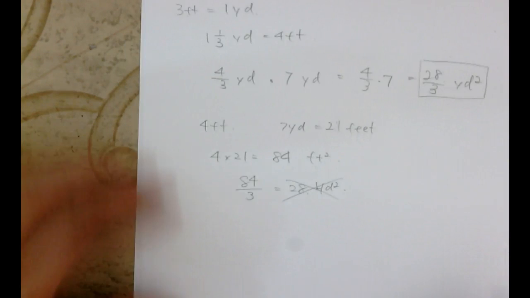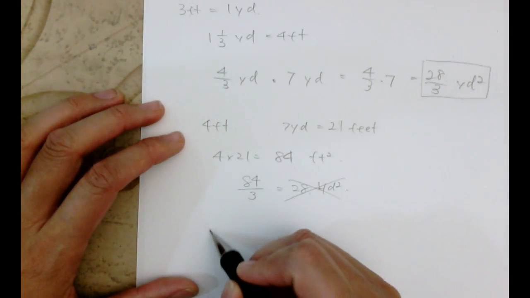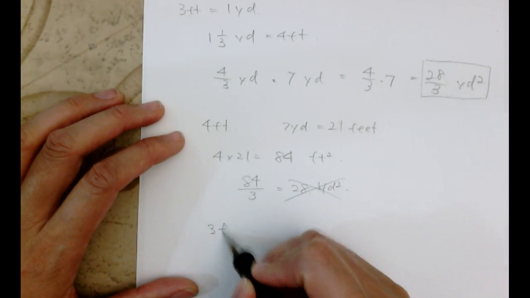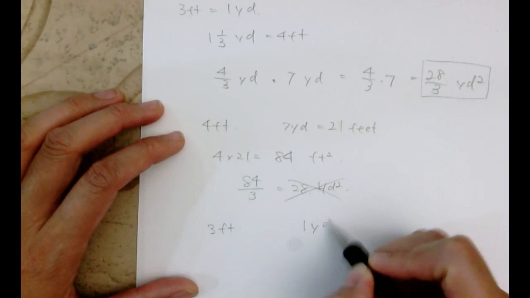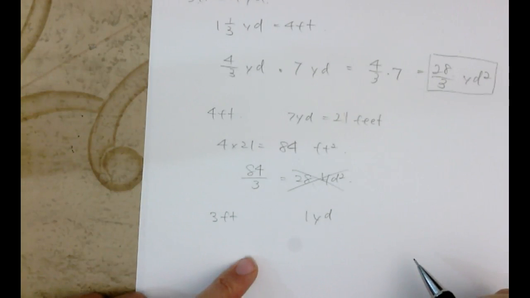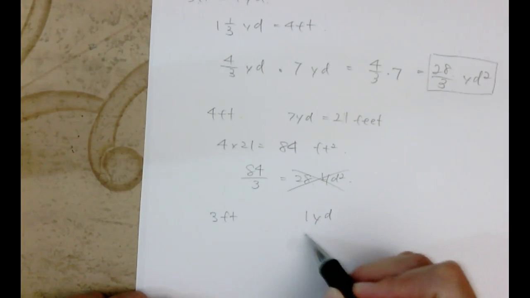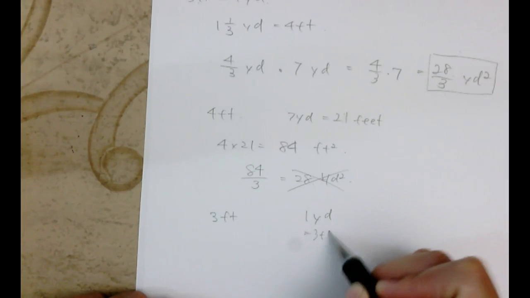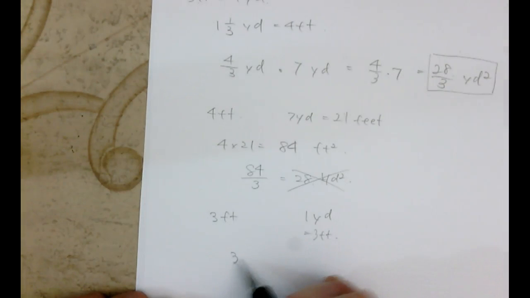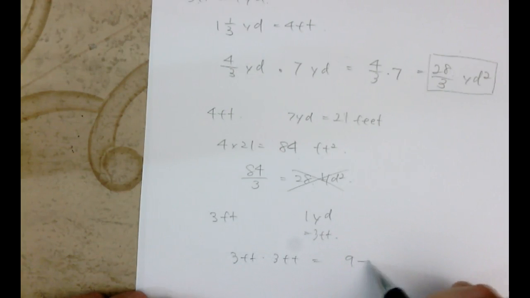It's because 3 feet and 1 yard are the same length, right? So if we change this to feet, this is 3 feet, so 3 feet times 3 feet equals 9 feet squared.